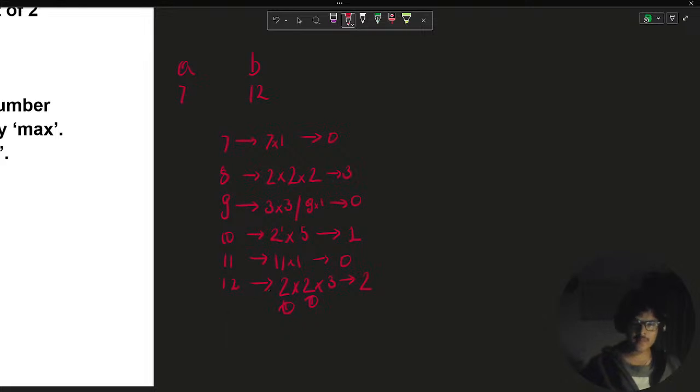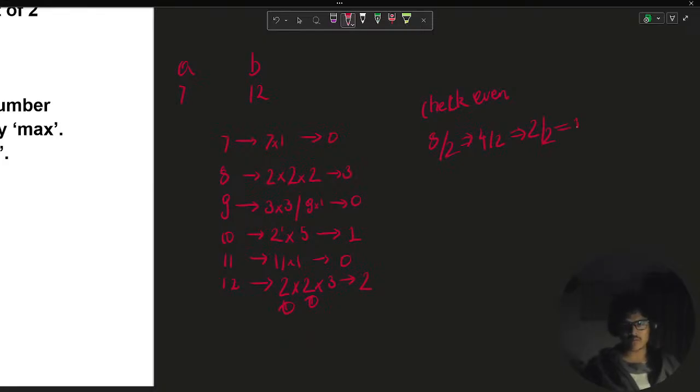First step is to check even. Then if it is even, divide by 2. If it's even, then divide by 2. Then we have 4, then we have 2, and then we divide by 2.